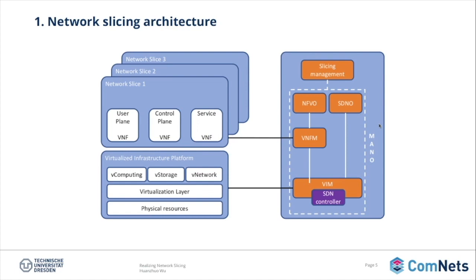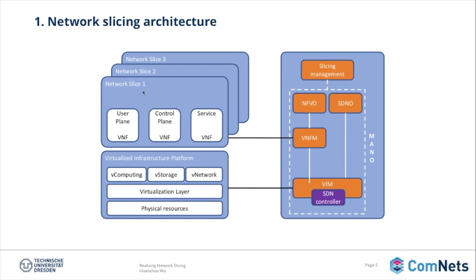Next, let's see the architecture of network slicing. Basically, three components need to be employed to realize the concept of network slicing. The first part is the virtualized infrastructure platform. This platform provides the virtual resources which can be isolated for different slices. A second component is the network slice instance.